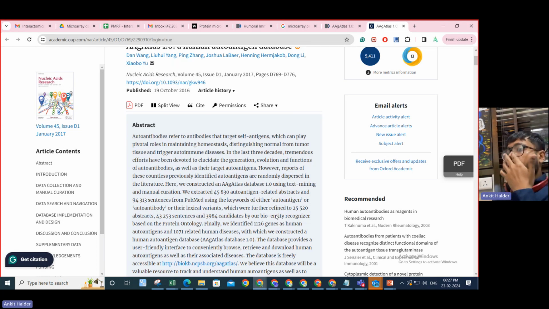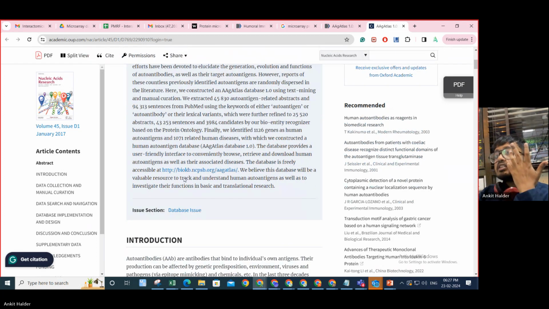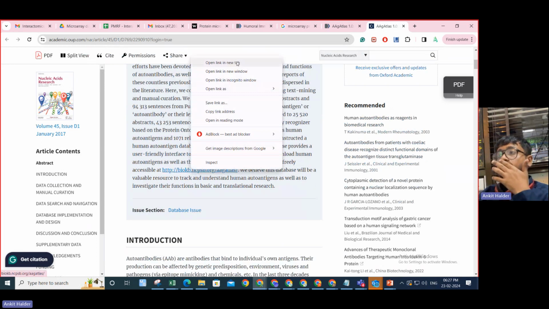Finally, they identified 1126 genes as human autoantigens and 1071 related human diseases, and constructed the human autoantigen database, the Autoantigen Atlas database 1.0. This database provides a way to conveniently browse, retrieve, and download the human autoantigens as well as their associated diseases. Okay, so this is the link.